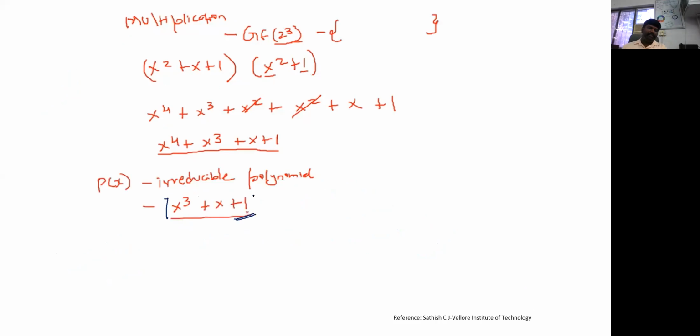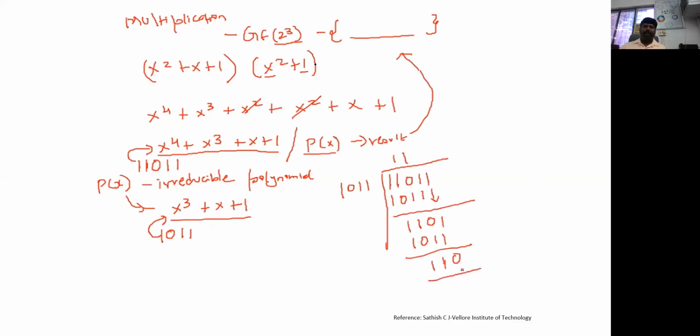Whatever result we calculated has to be divided by this factor, which is x power 3 plus x plus 1. So this is the standard polynomial equation, so that the entire value will become part of the prime field of 2 power 3. So I was explaining about this entire result, which is x power 3 plus x plus 1.